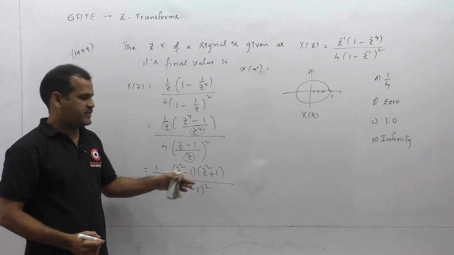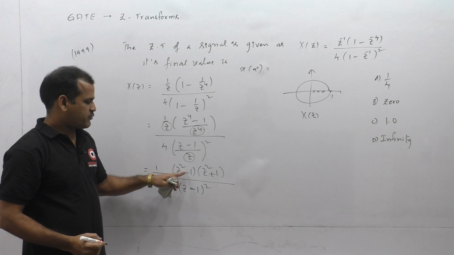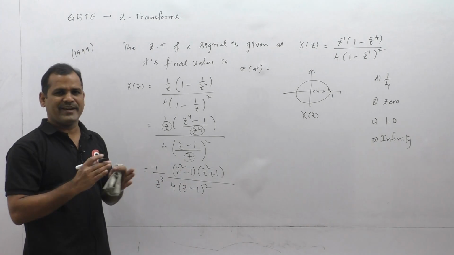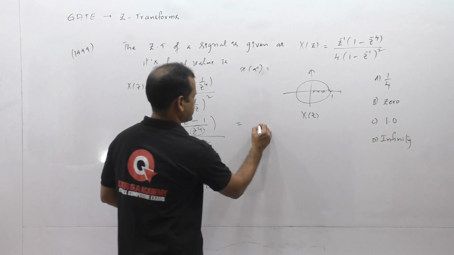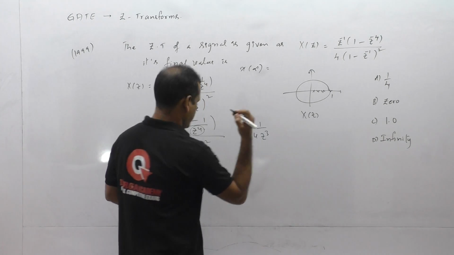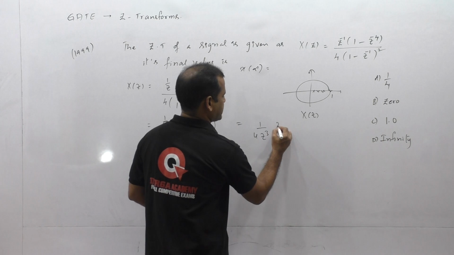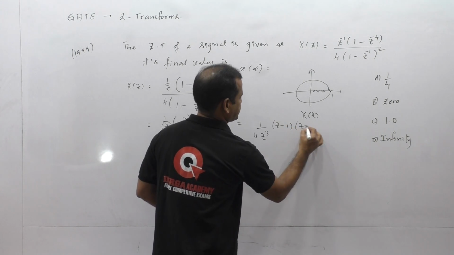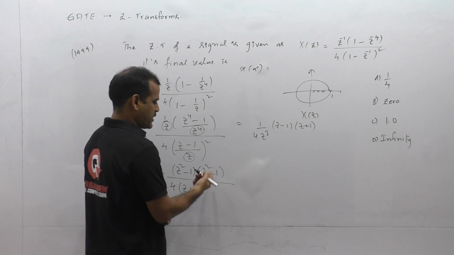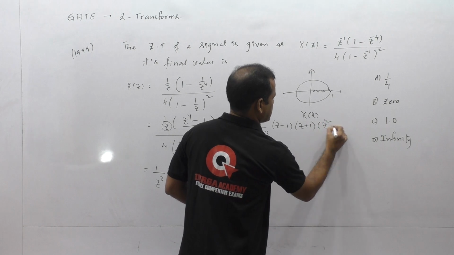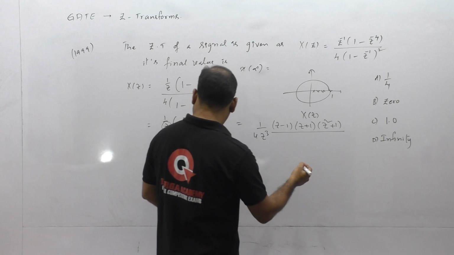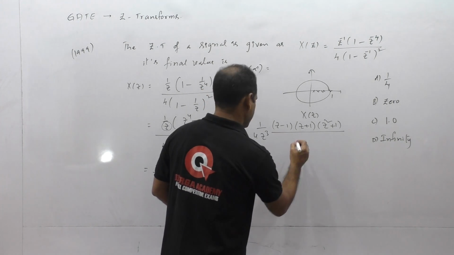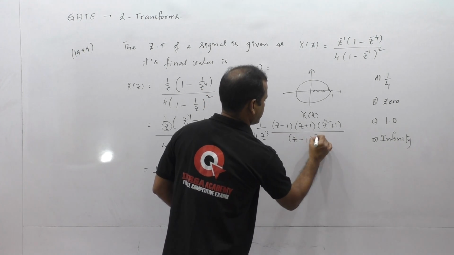Let us simplify by writing z^2 − 1 as (z − 1)(z + 1). So I am rewriting this expression as 1 by 4z^3, times (z − 1)(z + 1), and further we have (z^2 + 1) here, and the remaining is (z − 1)^2.